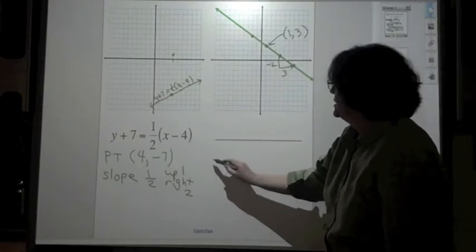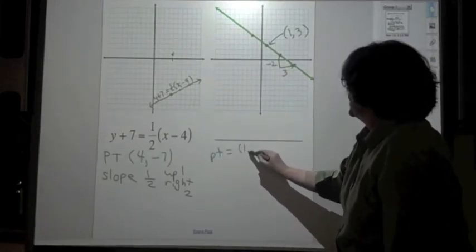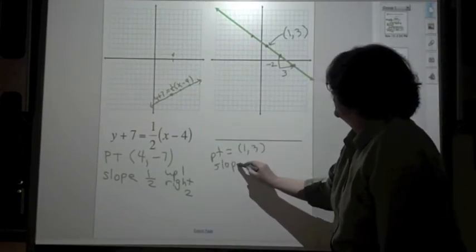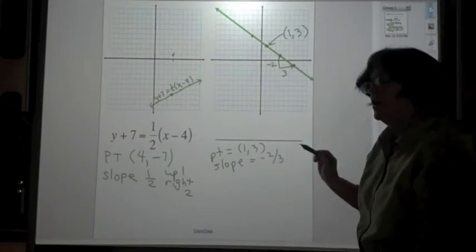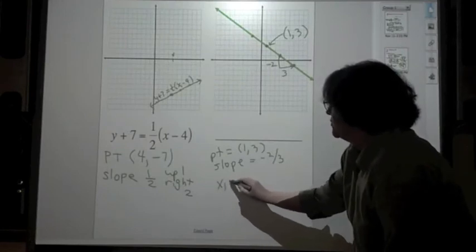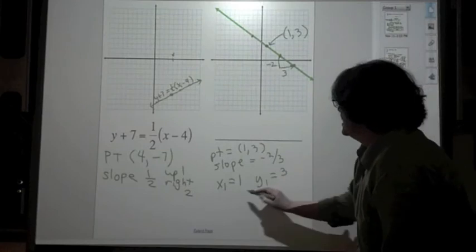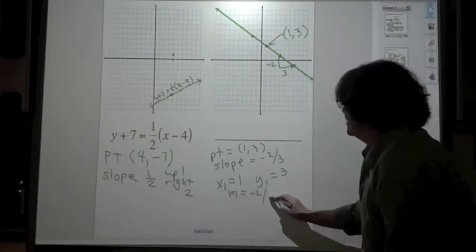So the point 1, 3, and the slope, so if we want to use the symbols, x sub 1 is 1, y sub 1 is 3, and m equals -2/3.